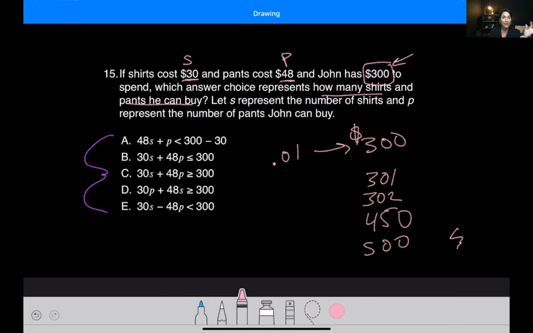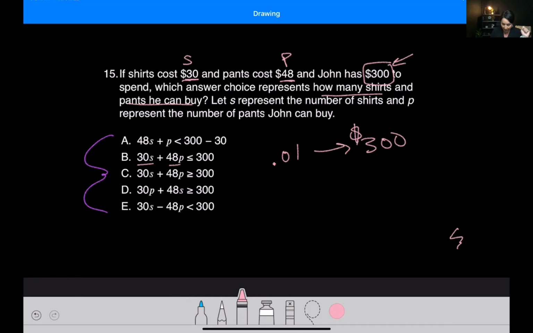No, I cannot. John in this case only has $300 in his pocket. This is easy. So now I can eliminate any answer choices that have greater than in it, because I cannot spend anything greater than. These shirts and pants cannot add up to something greater than 300.